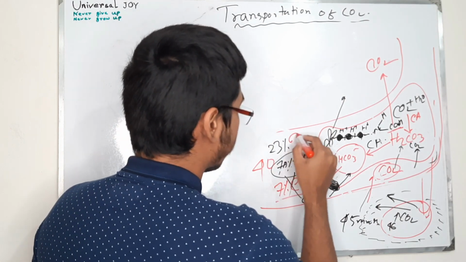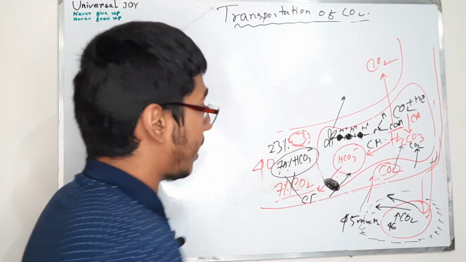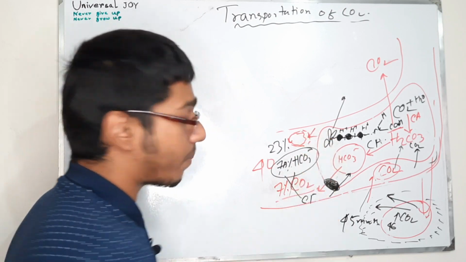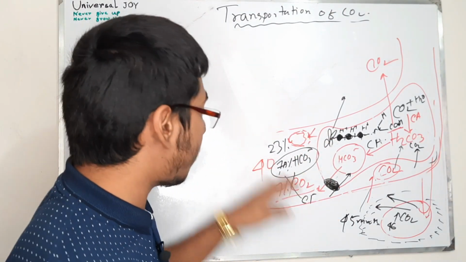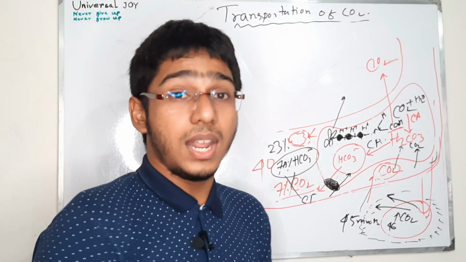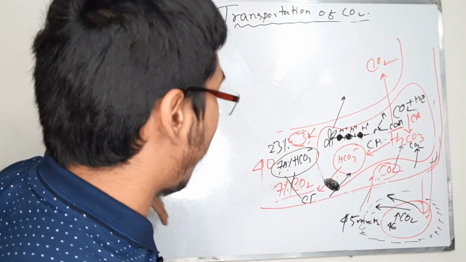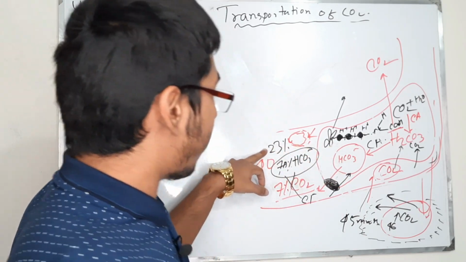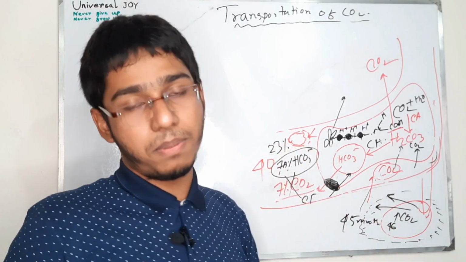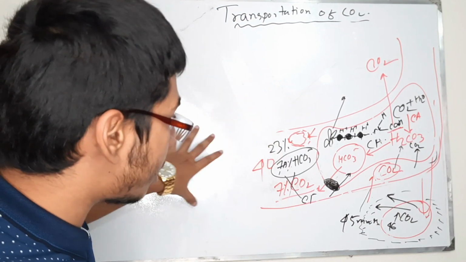And of course in the plasma there are some plasma proteins. If carbon dioxide directly binds with these plasma proteins, then it will be called carbamino-plasma protein. So 23% of the carbon dioxide is transported through the blood either in the form of a carbaminohemoglobin compound or in the form of a carbamino-plasma protein compound. Now this is the transportation.